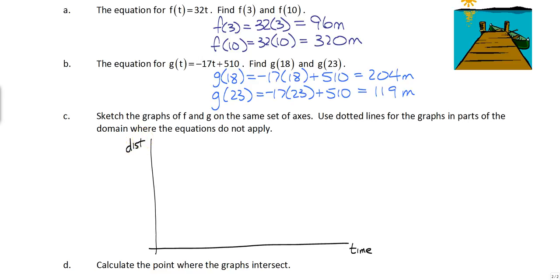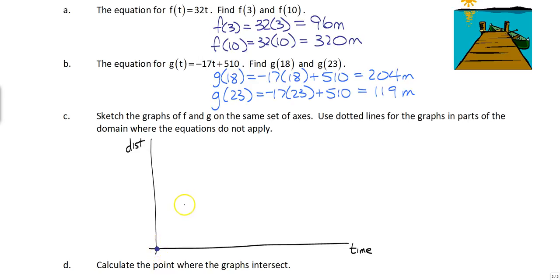And this says sketch the graph. You could always sketch these on your graphing calculator, which I'm going to highly recommend that you do. And what it says is to just sketch them without the parts of the domain where they do not apply. So obviously we can't go back in time. We can't go negative.